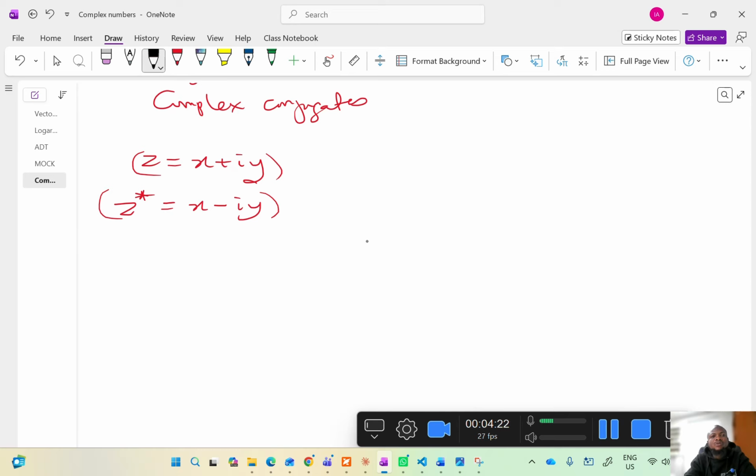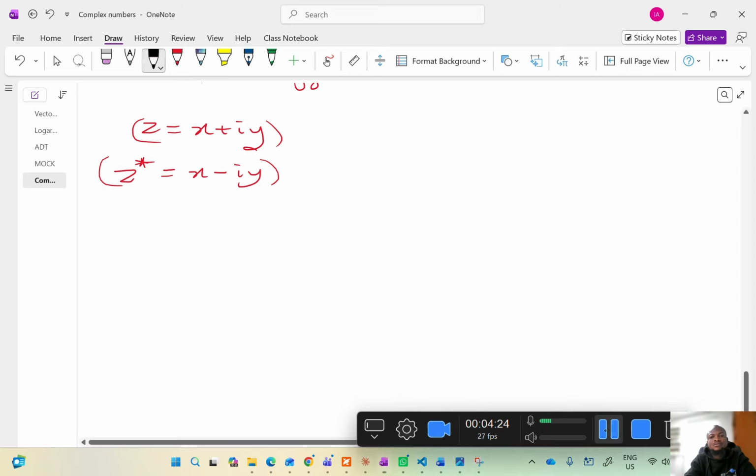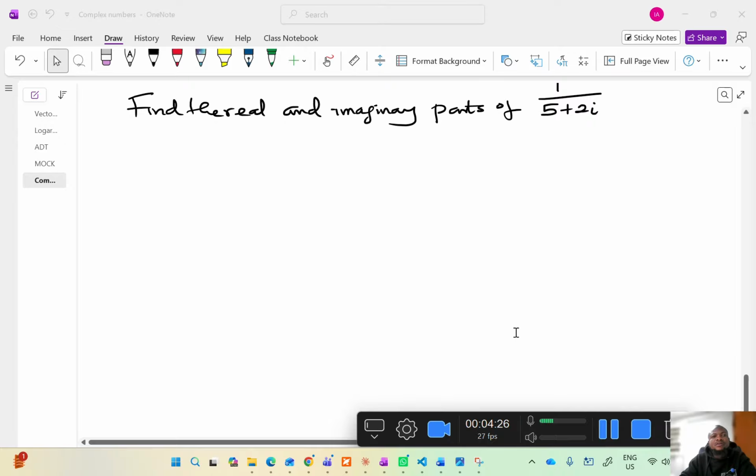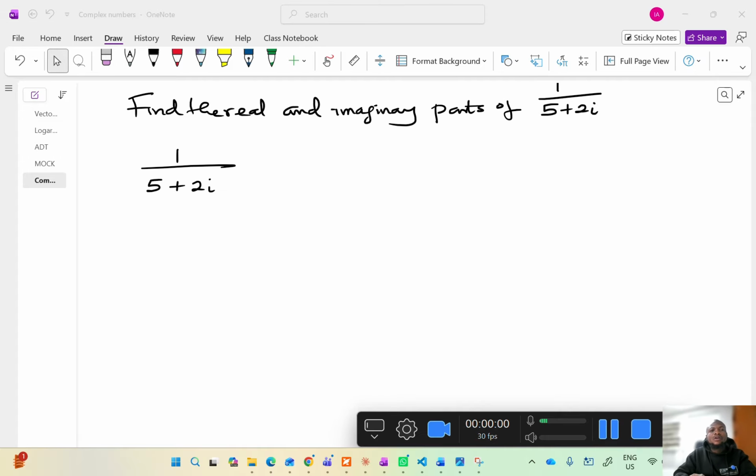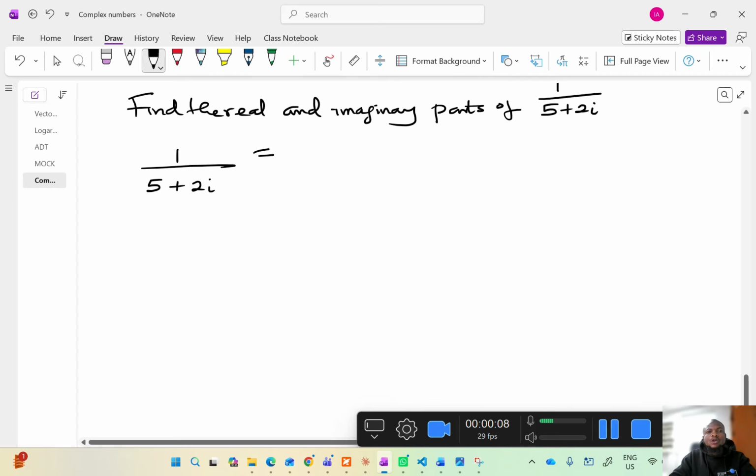So let's take an example for division. Find the real and imaginary part of 1 over 5 plus 2i. Whenever you are dealing with division of complex numbers, you must introduce the concept of conjugates. You are going to multiply both the numerator and the denominator by the complex conjugate of the denominator. 5 plus 2i, its complex conjugate is 5 minus 2i.